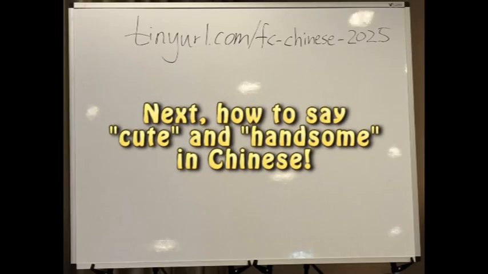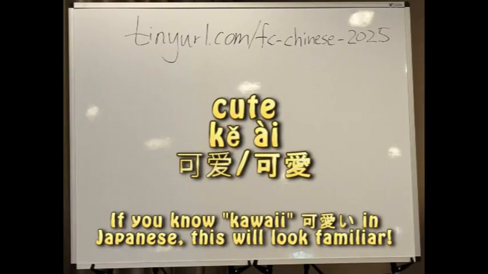And another word that I promised to teach in the description of the panel: how to say cute and handsome. So the word cute by itself is 可爱. Literally this means lovable, but it means cute. Like able-love kind of means that.